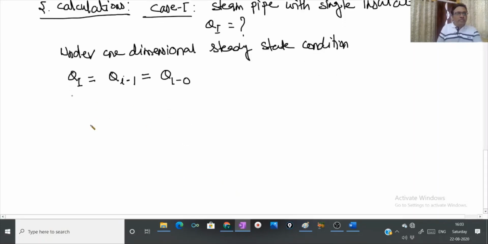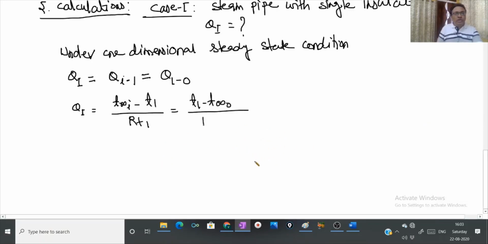In terms of temperature, it can be (T infinity I minus T1) over RT1 is equal to (T1 minus T infinity O) over RT infinity O1.